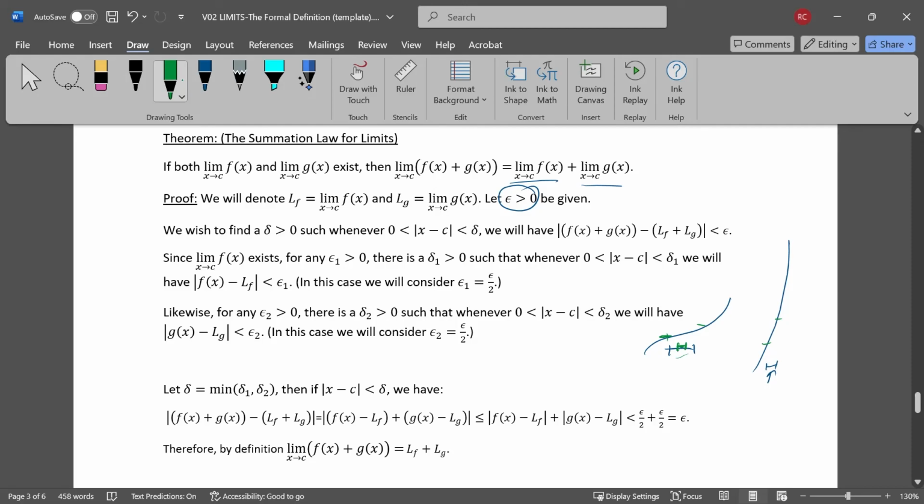So if we pick the minimum delta, then we'll get that the absolute value of f of x plus g of x minus L sub f plus L sub g is equal to, and now I rearrange this, the absolute value of f minus L_f plus g minus L_g, and that is less than or equal to the absolute value of f minus L_f plus the absolute value of g minus L_g.